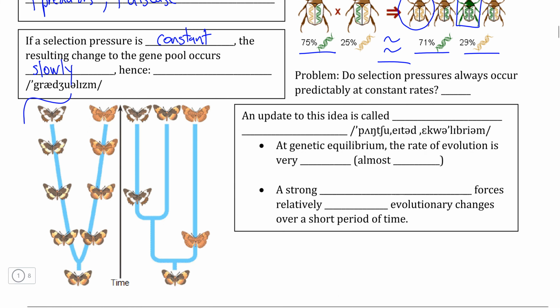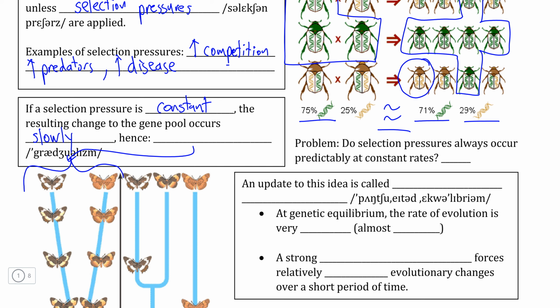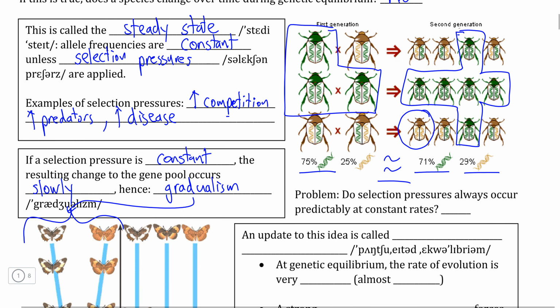And for the longest time, this was believed to be the most common way that evolutionary change occurred, which is what we call the gradualism model of change, in that if the selection pressures applied to this given population remain relatively low and relatively constant, this is not going to affect the allele frequencies in any specific way.